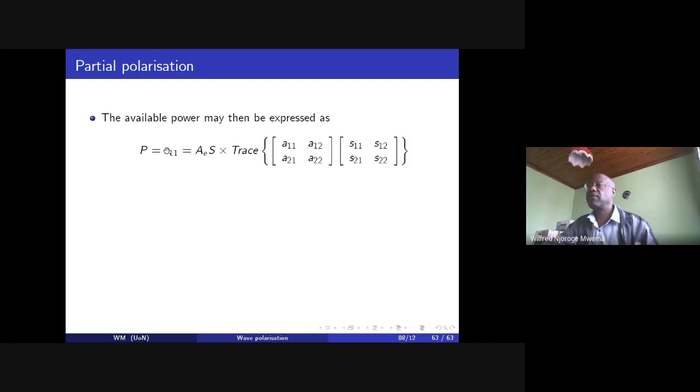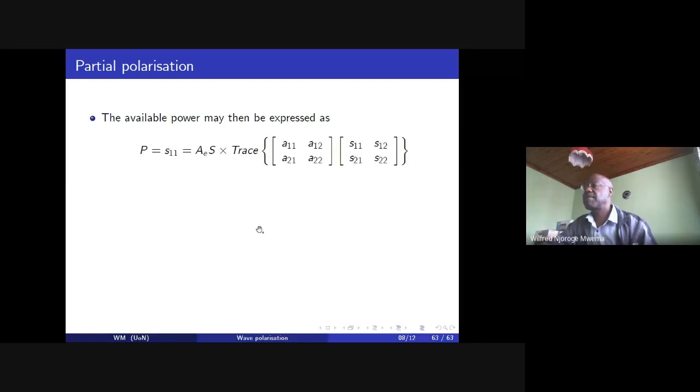And then we can always write that the power available from your antenna is going to be given by the power transported by the wave, multiplied by the trace of the matrix product of the antenna parameters and the wave parameters.